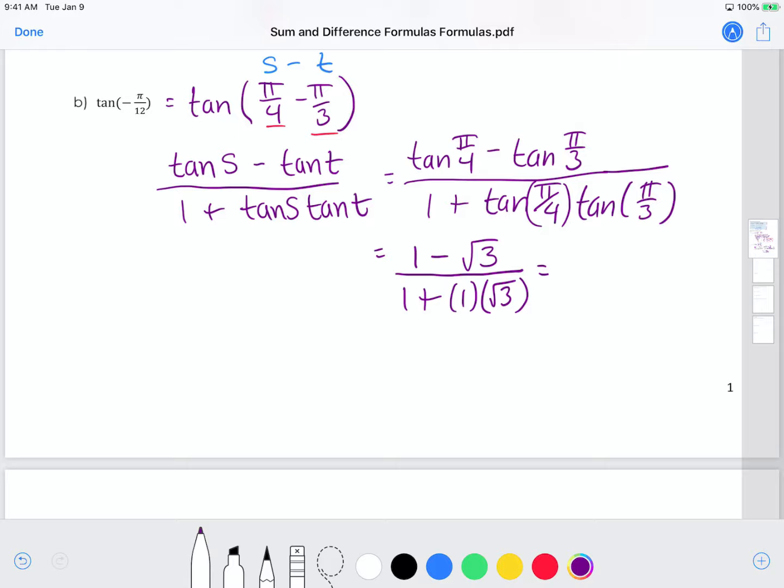So when I completely clean this up and multiply the 1 times the square root of 3, I get that the tangent of negative pi over 12 is exactly 1 minus the square root of 3 over 1 plus the square root of 3.